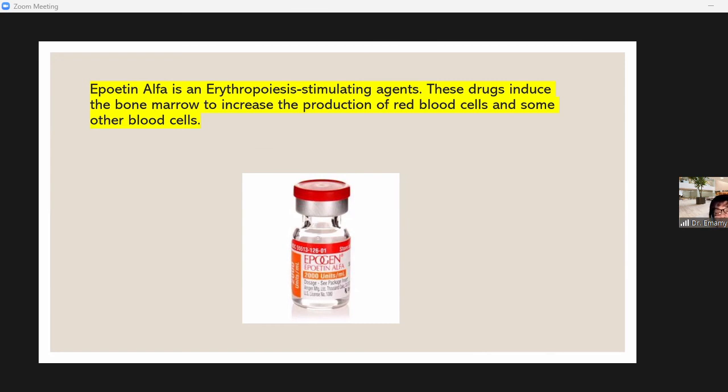You give an injection of epoetin alfa to stimulate production of red blood cells. But an important nursing implication: when you give epoetin alfa, you should give an iron supplement too, because when you stimulate the formation of red blood cells, you should give enough materials for their formation.